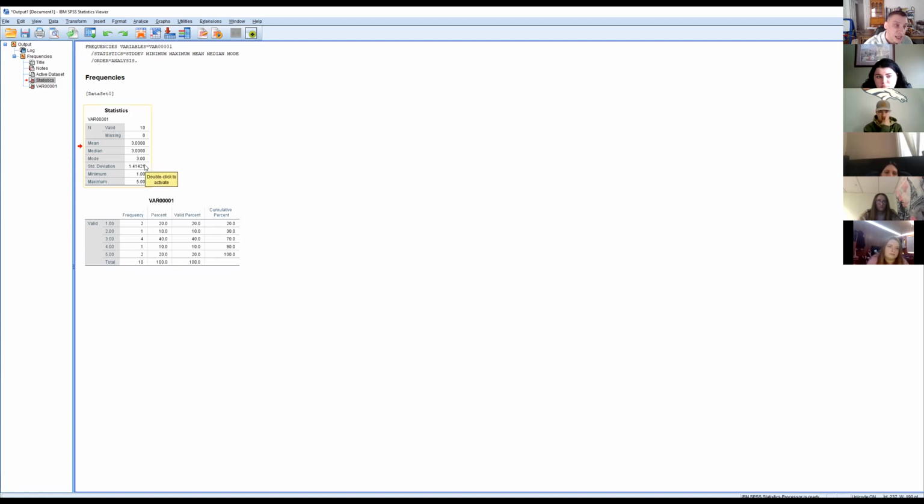The standard deviation here is 1.41421. Usually you only have to go out two places past the decimal, so we can just say the standard deviation is 1.41. That's fine.